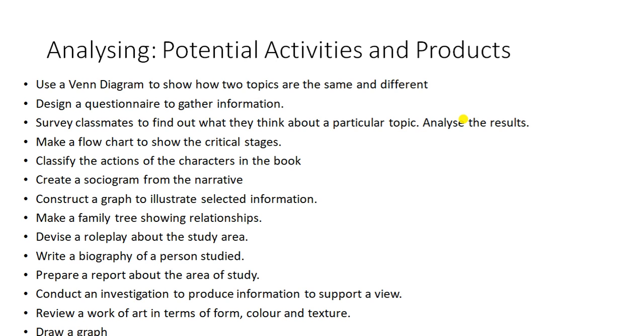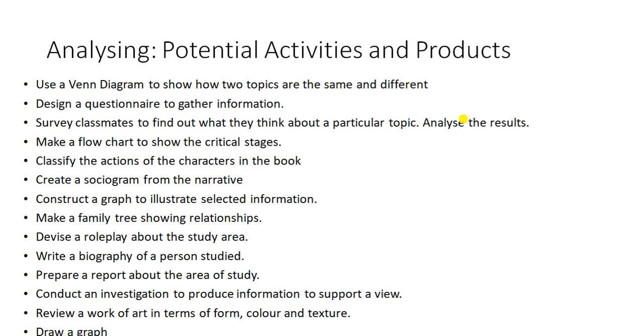Now, potential activities and products in analyzing. In this we can instruct our students to use a Venn diagram to show how two topics are the same and different. And this is not only for the students; being a helpful teacher, the teachers can also use this.